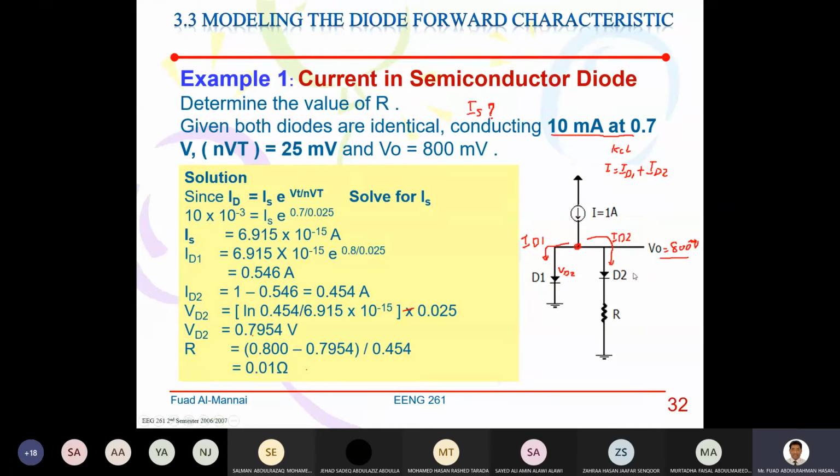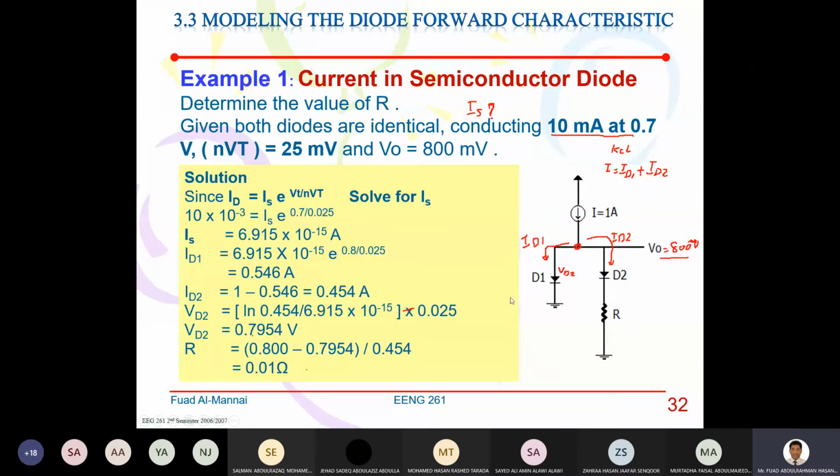I can find the voltage across diode number 2 using VD is equal to NVT ln of ID2 divided by IS, where IS is this one here. Solve, and you will find that VD2 is equal to 0.7954 volt, about 0.795 volt.